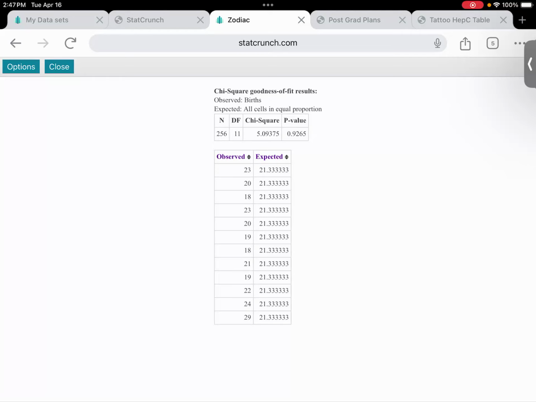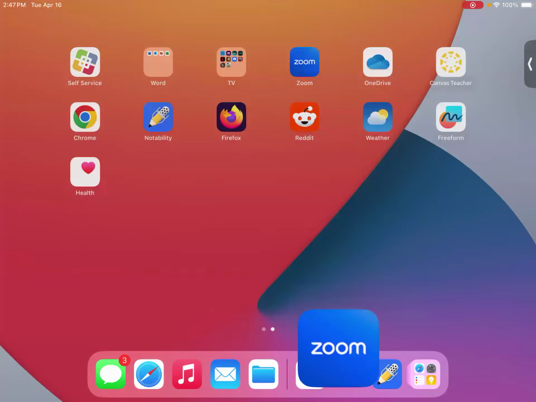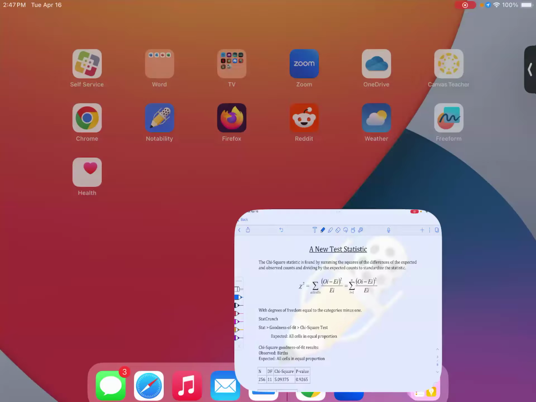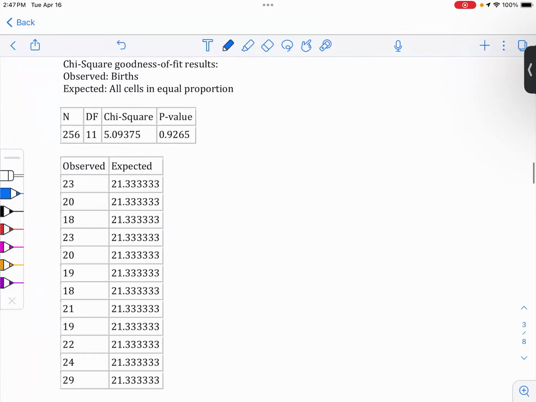So here's my new test statistic, 5.09, and the p-value is 0.93. I put the output in here just so we have it, but those are the 2 values that we're actually looking for.